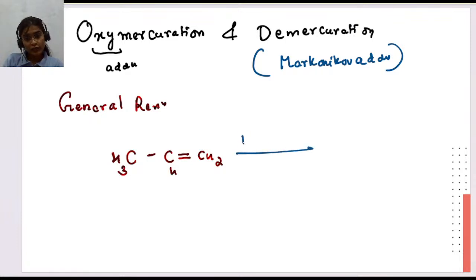The reagent we use is Hg(OAc)2; obviously the name of the reaction is oxymercuration-demercuration. I will explain this as well, just wait a while. Then water and THF. It's water and THF, so everything is in a single step, they are just the solvent.